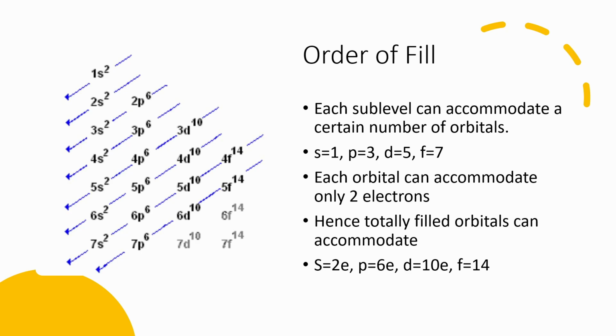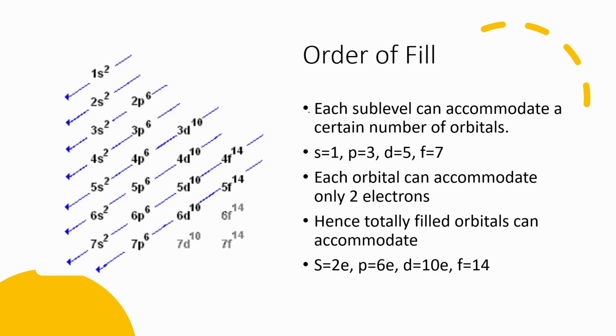So this is the order of fill: 1s, 2s, 2p, 3s, 3p, 4s, 3d, 4p, 5s, and so on. There is a pattern for this, so you could use a mnemonic to memorize the electron configuration pattern for our Aufbau principle.